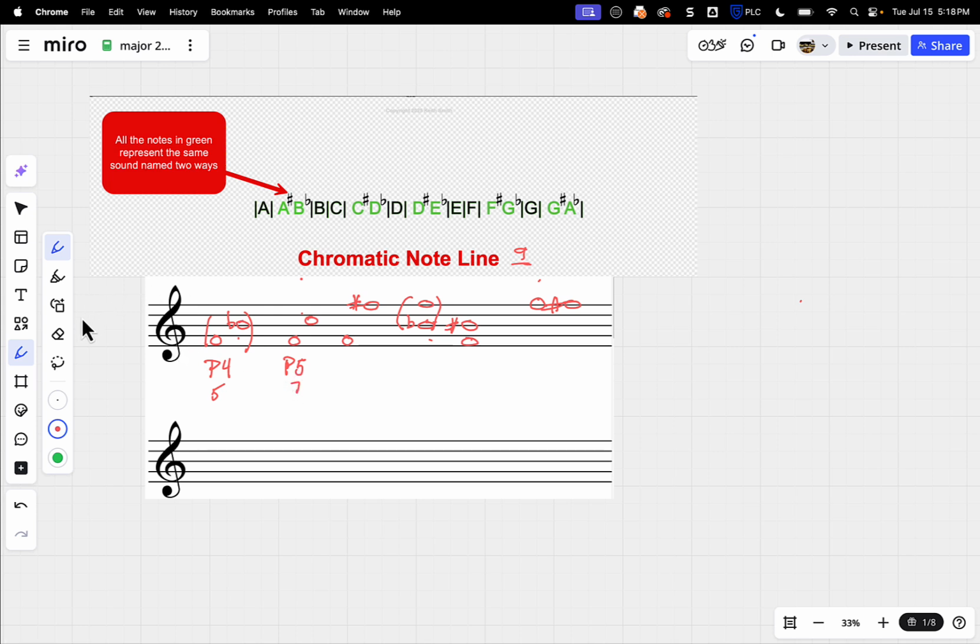Okay, so now we want to go ahead. We have fourths and fifths, and we have sixths. Now sixths and sevenths are not perfect intervals, but if we go from F to D, which is a sixth, that's called a major sixth.